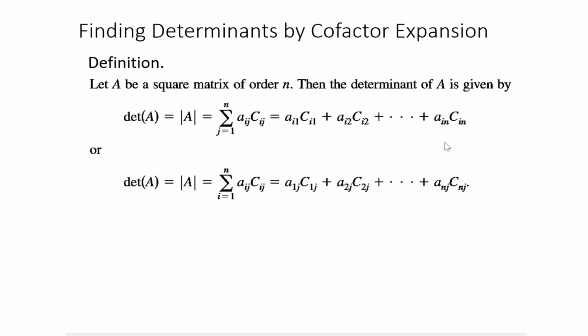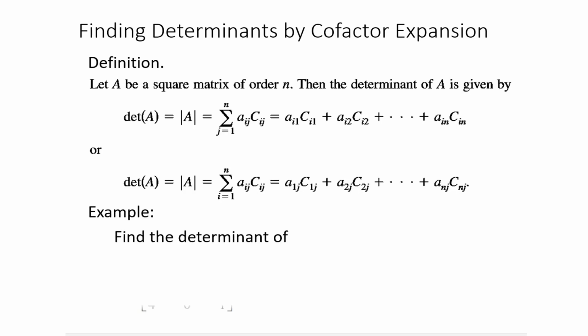This is called the ith row expansion. Or the determinant of A is equal to A sub 1j times C sub 1j plus A sub 2j times C sub 2j plus and so on up to A sub nj times C sub nj. This is called the jth column expansion.